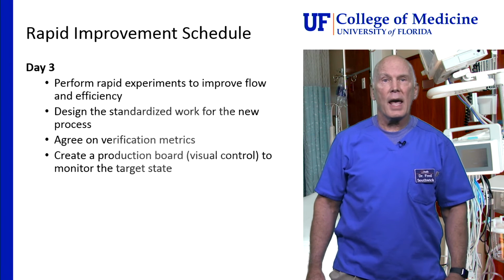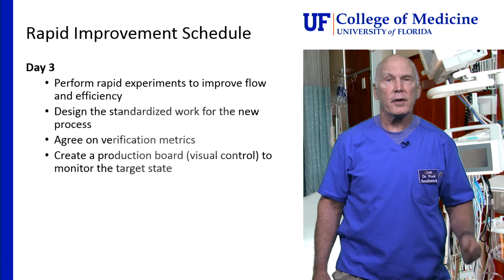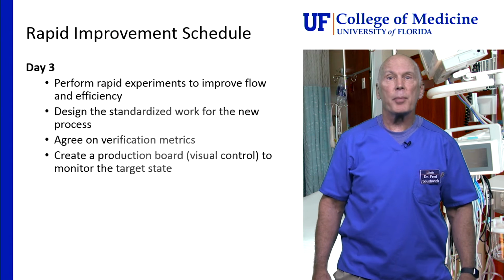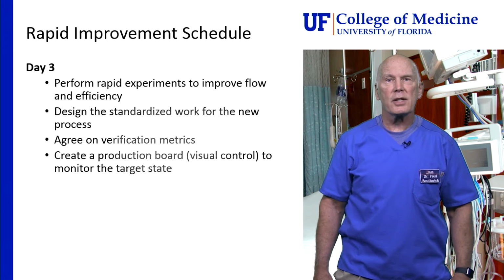Day 3 is the day when rapid improvement experiments are performed to improve flow and efficiency. Because the frontline personnel have a deep understanding of these work processes, they are the ones who have the expertise to create the standardized work for the new process.